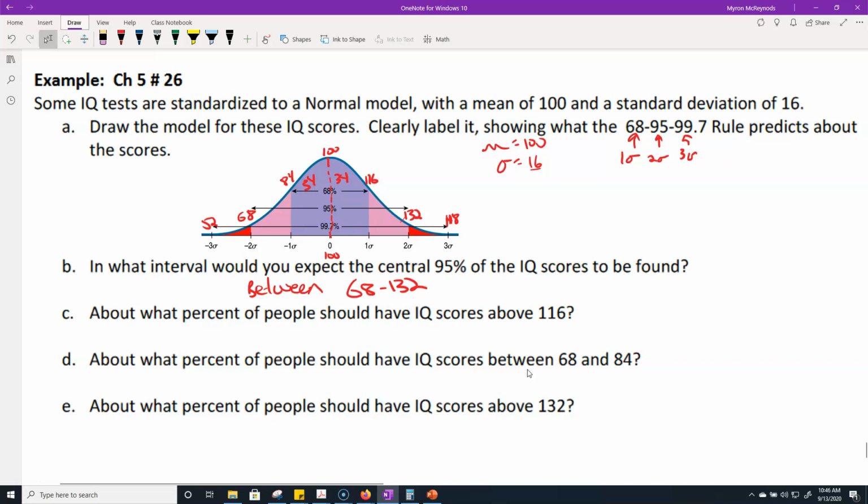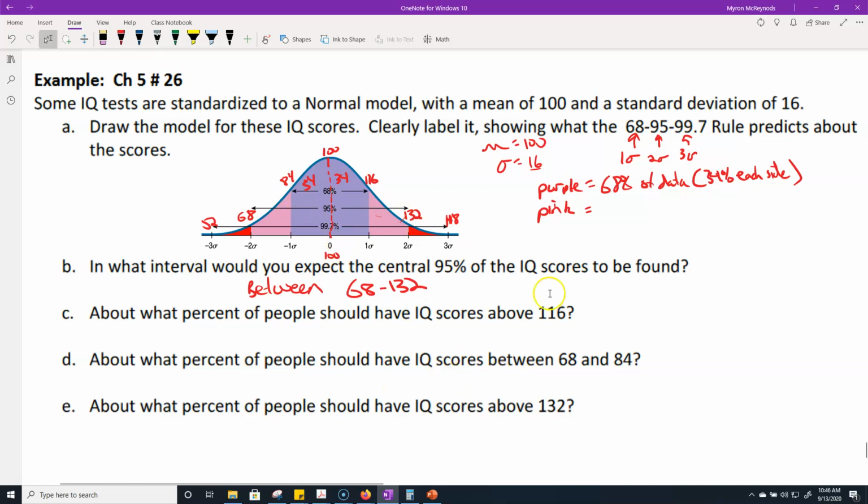Now I want to figure out about what the pink is. So purple is 68% of data, 34% on each side. Now, to figure out pink, I have to remember that purple and pink are 95% of data. From here to here, on our rule, 2 standard deviations both directions is 95%.